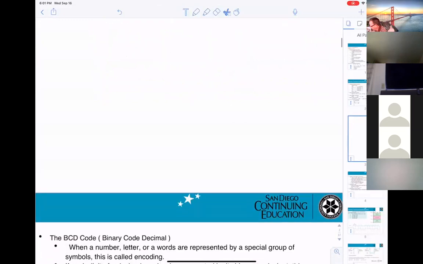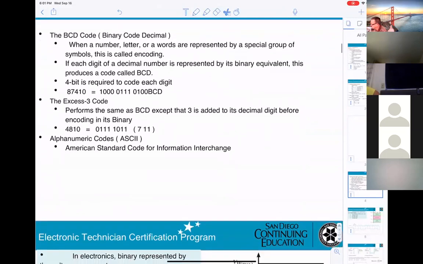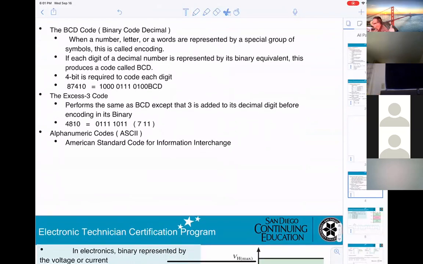Okay, let's see. What's next? BCD code. That's what they call binary coded decimal, which stands for BCD. When a number, letter, or word is represented by a special group of symbols, this is called encoding.